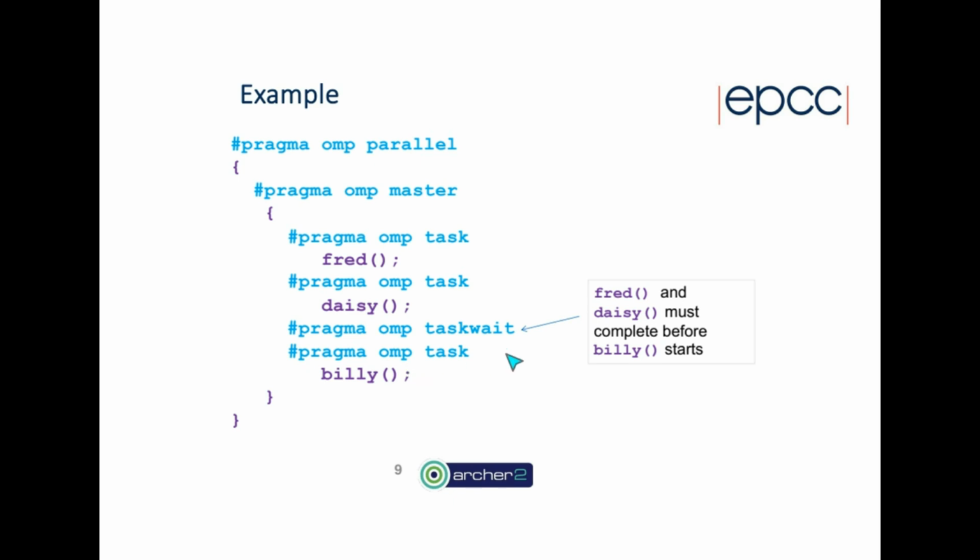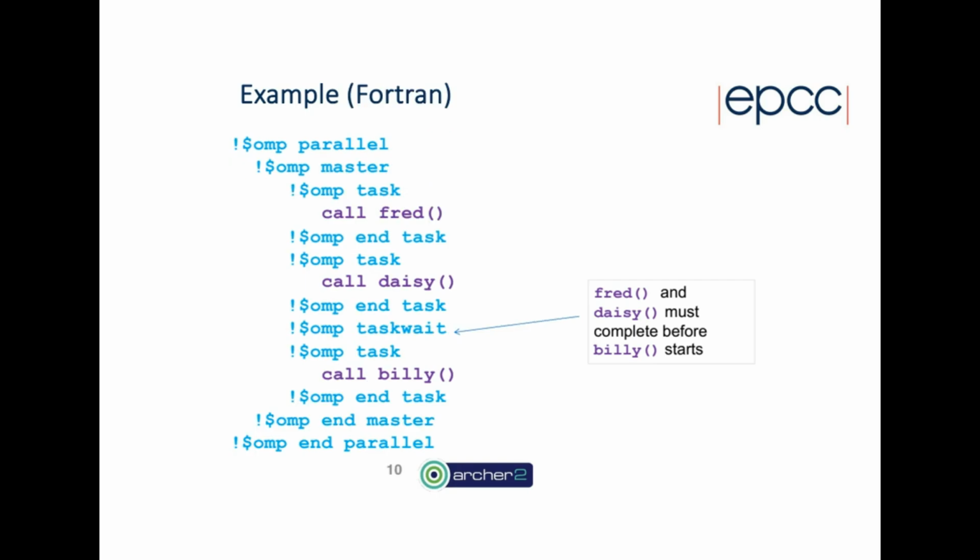So if we have some dependency, say Billy depends on results computed by Fred and Daisy, then this will synchronize the tasks correctly and get them executed in the appropriate order. Okay, it's something of a crude mechanism for that. We'll talk a bit later about how we can have more finer grained control over dependencies between tasks. Okay, and the same for Fortran.